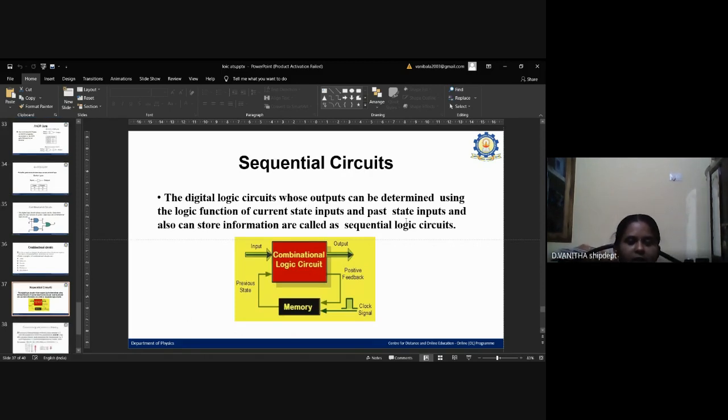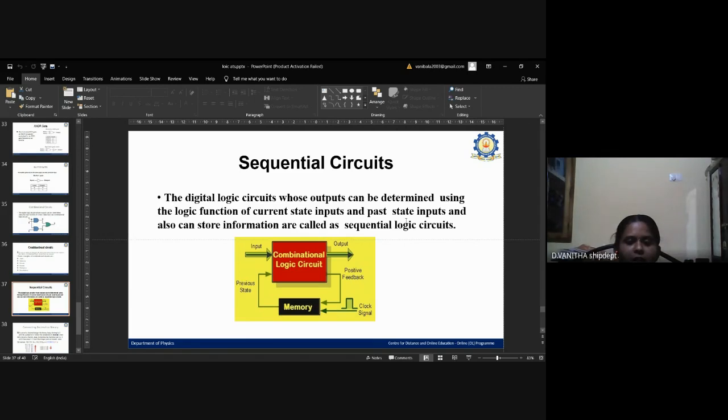Next one is sequential circuits. In sequential circuits, combinational circuits are also used. Here, digital logic circuits whose output can be determined by using the logic function of current state inputs and the past state inputs, and which also store that information, are called sequential logic circuits.